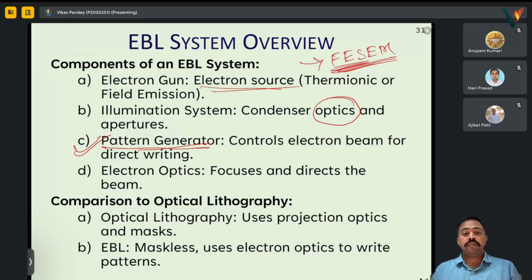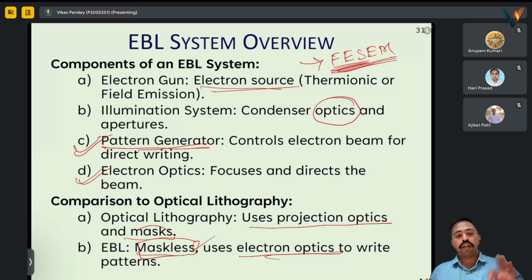Then electron optics focuses and directs the beam. If we compare it with optical lithography, which uses projection optics and a mask, in the case of EBL there is no mask and we use electron optics to write the patterns.